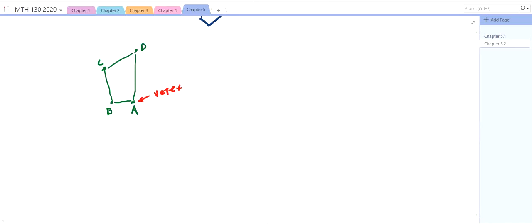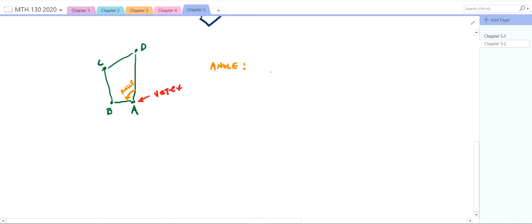And then we will have angles between these sides. And those angles we'll want to sometimes call out and write about.